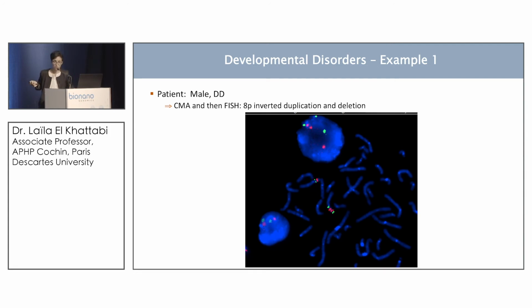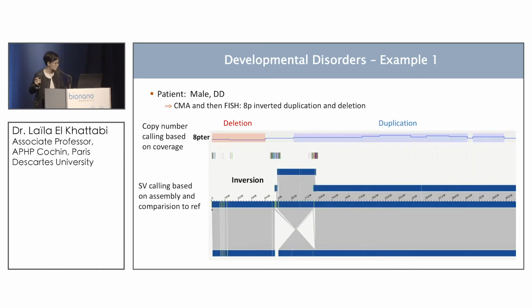And this is shown also by FISH analysis. You see that this is duplicated and inverted. The telomeres are deleted. These are the results from Bionano. What is nice is that you have the profile that looks like the CMA result, deletion here, duplication after, and here the euploid region.